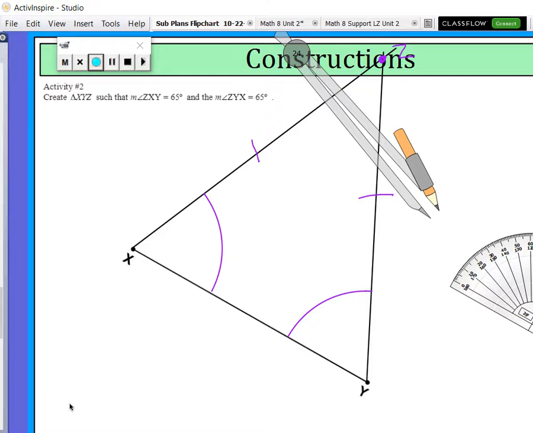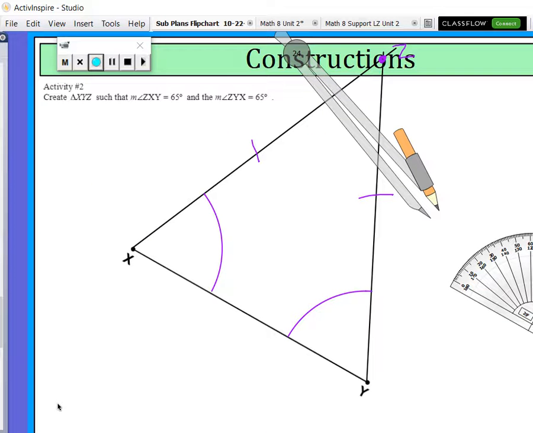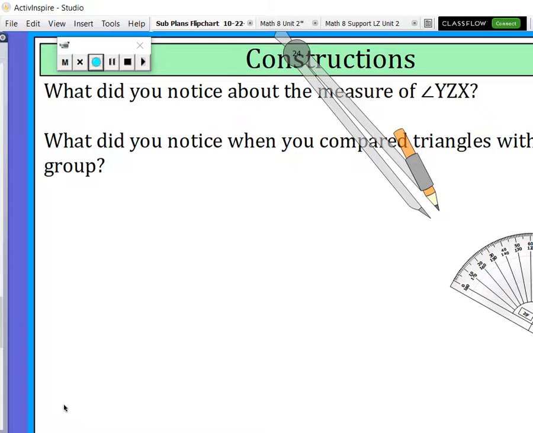All right. What did you notice about the measure of angle YZX? So what would my missing angle YZX be? So if this is 65 degrees and this is 65 degrees, we know that in a triangle the angles add up to, good, 180. So if I do 65 degrees plus 65 degrees plus the measure of angle YZX, they would all total up to 180 degrees.